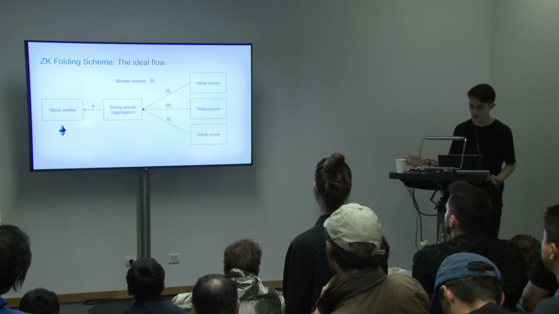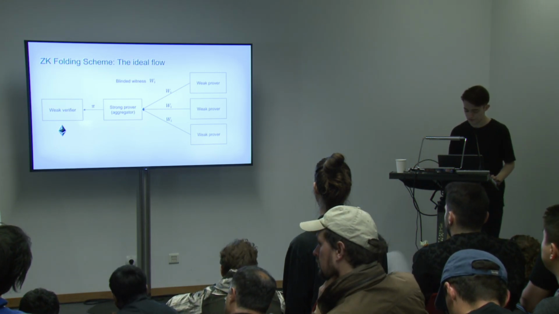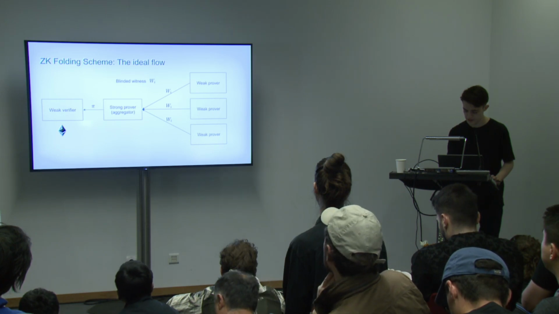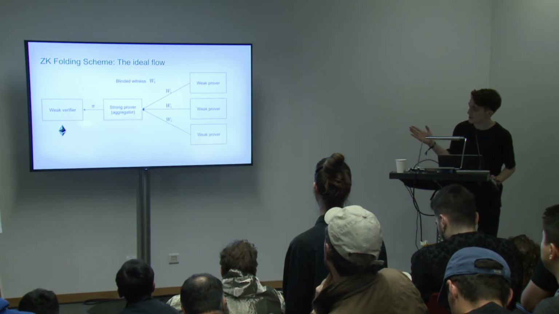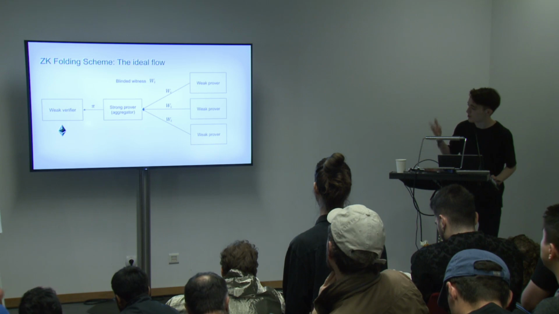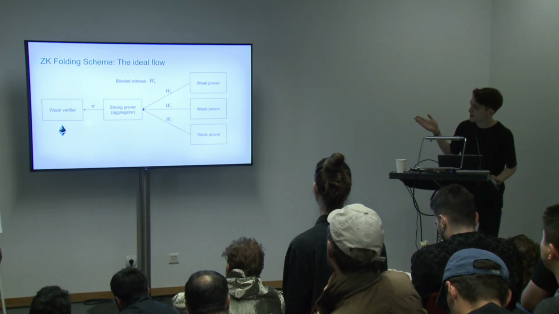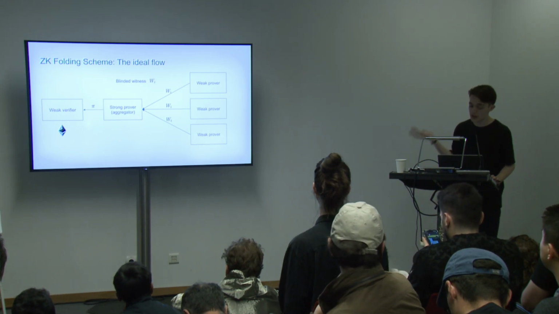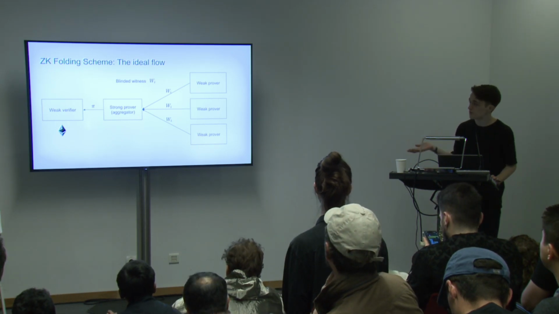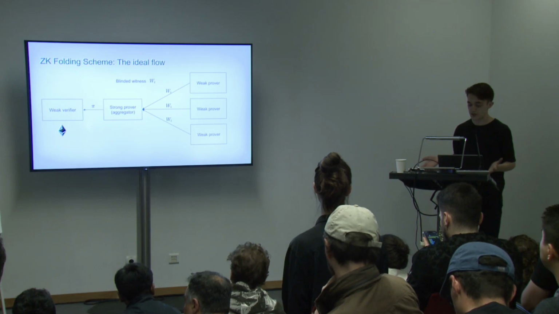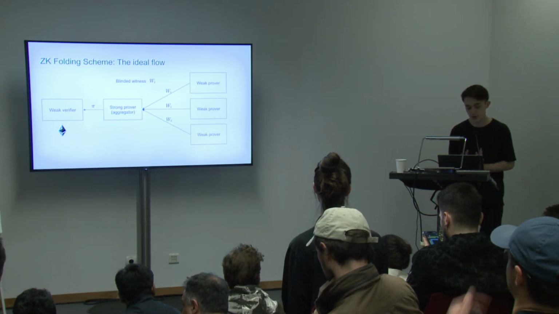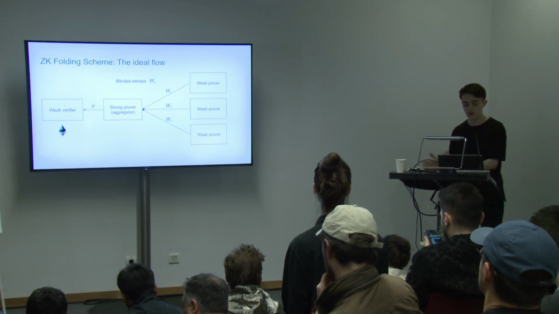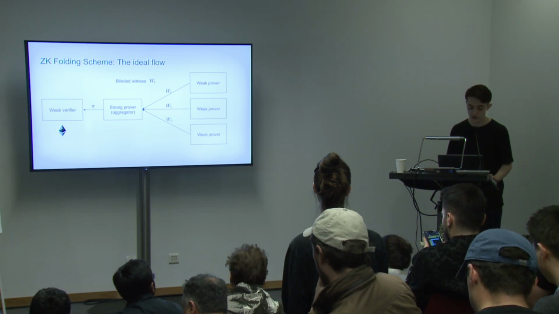But the ideal flow, just to define the model, is basically like this. The weak provers are the users, and every user submits their blinded witnesses W_i to the strong prover, and the strong prover folds those witnesses and then produces the final small proof pi that can be verified on chain.